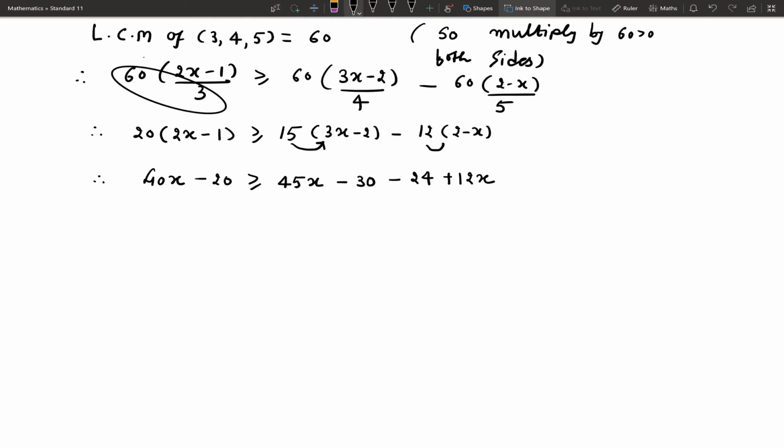So again we simplify. This is 40x minus 20, 45 plus 12, so 57x minus 54 minus 30 minus 24.